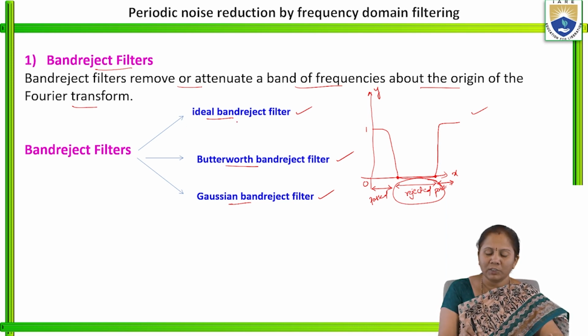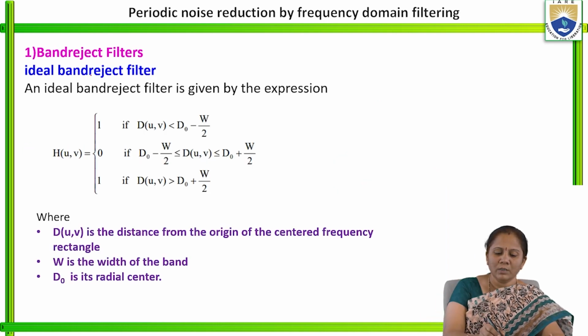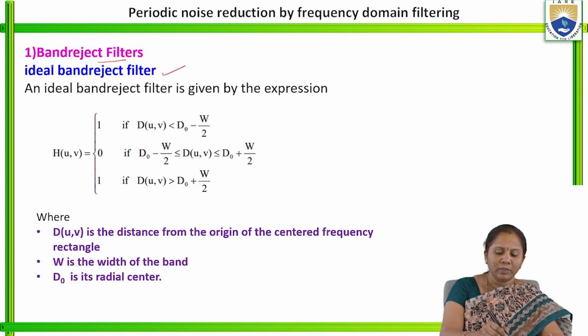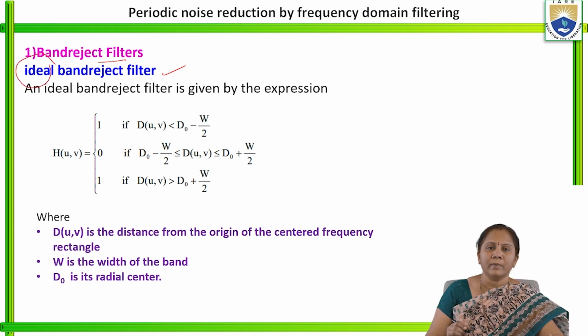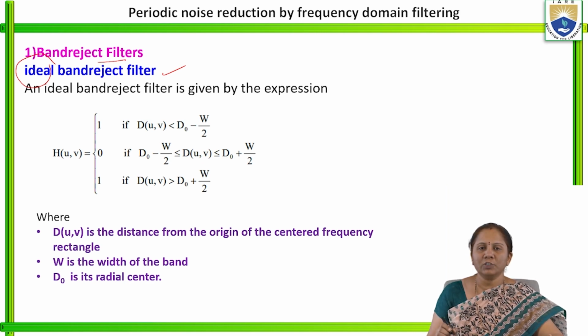So under this band reject filter, the first one is the ideal band reject filter. Ideal indicates the transition will not be smoothed, it will be very sharp.